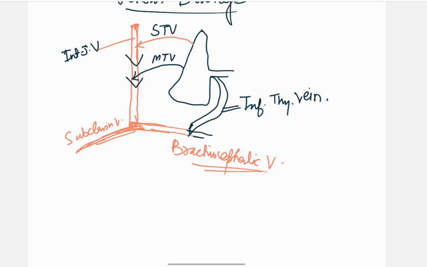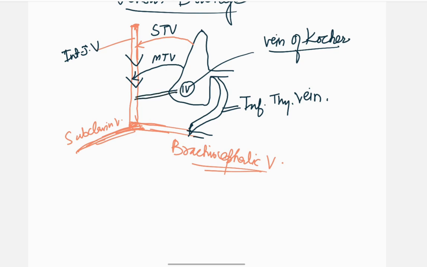And sometimes a fourth vein is present, known as the vein of Kocher. It also directly drains into the internal jugular vein.